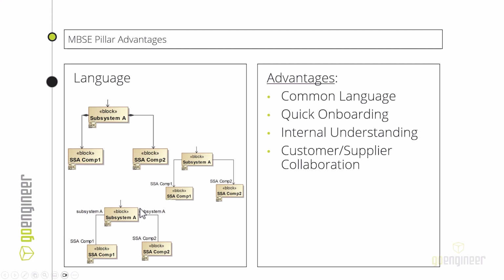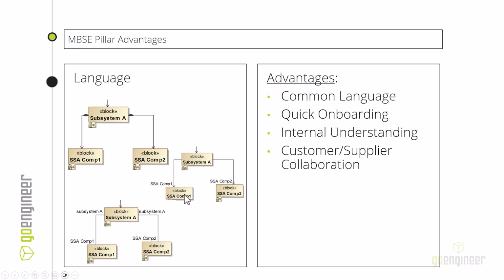If we understand that component 1 is coming from one supplier and component 2 is coming from another, your new onboards who are familiar with SysML will be able to come in and be effective and really understand how your entire system is put together.